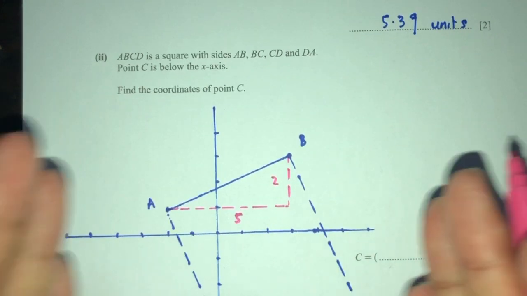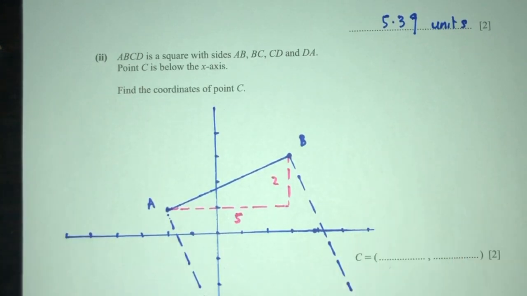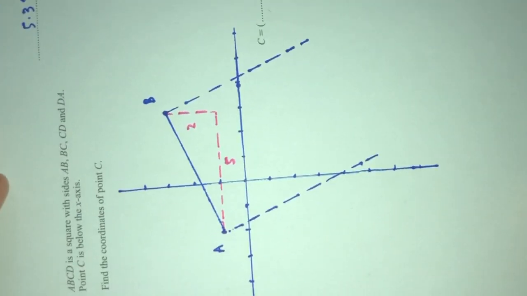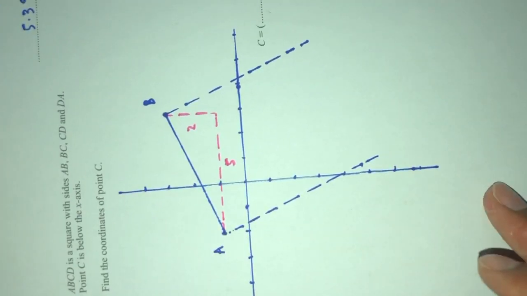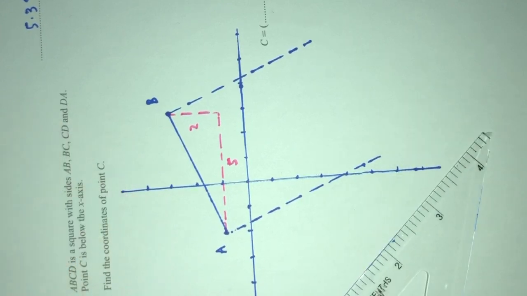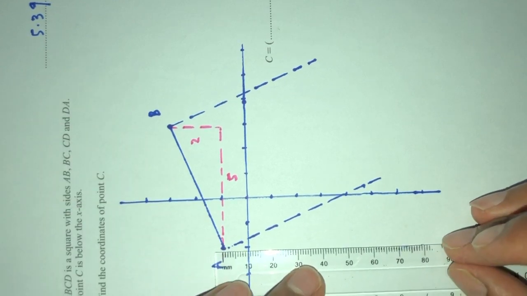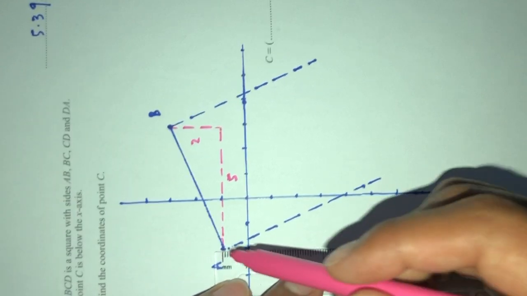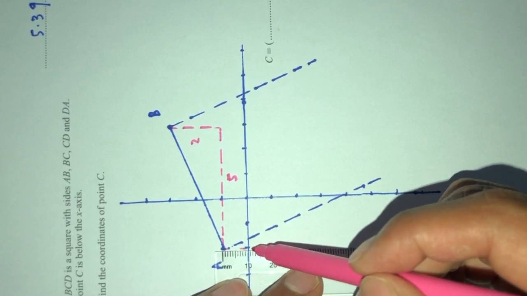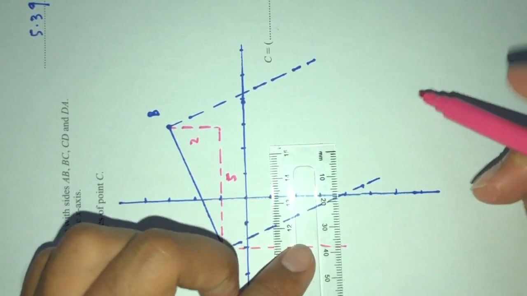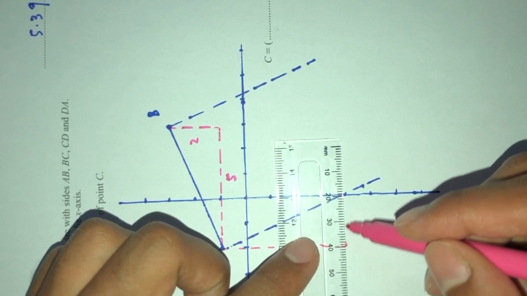Same way, now if you were to flip this in this way, same logic, how would you move? 5 and 2. So let's try this. You would say 5 and 2 should be here. You go 1, 2, 3, 4, 5 until here, and 2 up, that should be right here.